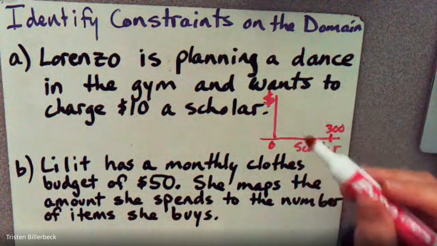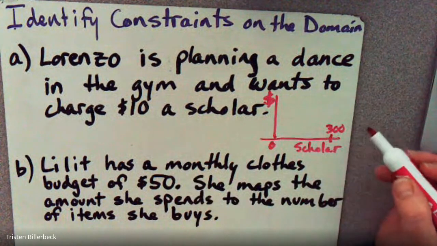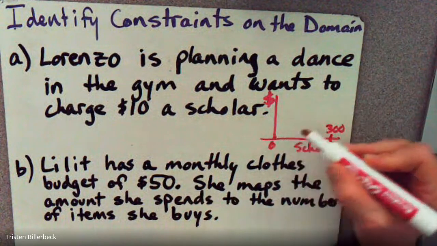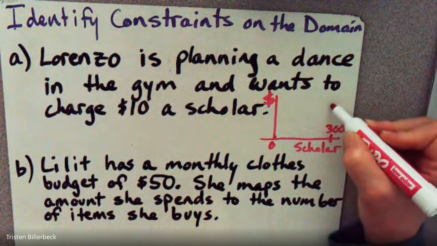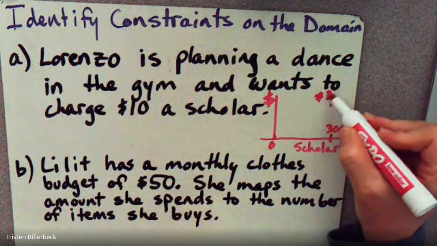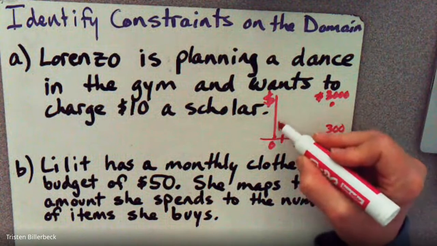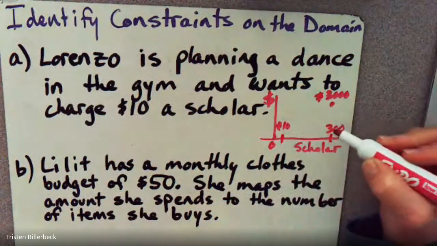So if we're charging $10 a scholar and we fill the gym with 300 people, then we're going to make 10 times 300, so that's $3,000. But if I only have one scholar, I'm just going to make $10.